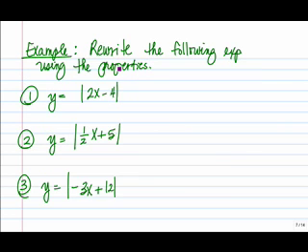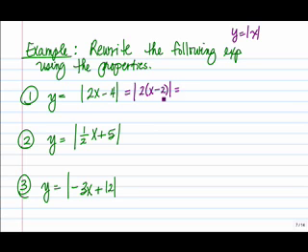Now, I've asked you here to apply some of these properties just to rewrite these expressions. And the key way that you use those properties is if you're trying to figure out what basic function was transformed or how the basic function was transformed. So if you're thinking about the basic function being the absolute value of x, how was absolute value of 2x minus 4 a transformation of that? Well, what I could do is think about factoring. 2x minus 4 is really 2 times x minus 2.